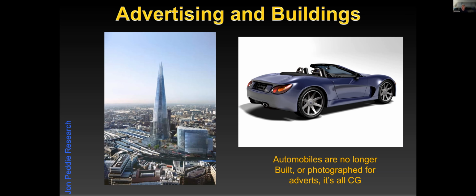Same thing with a car. If you've seen any automobile advertisements, including videos, in the last 2 or 3 years, you've seen computer graphics. Because what you're seeing is in the computer, it doesn't exist yet. It's easier to fix things and sell things from a computer model than it is to build it and try it.